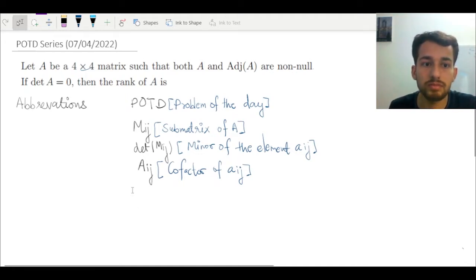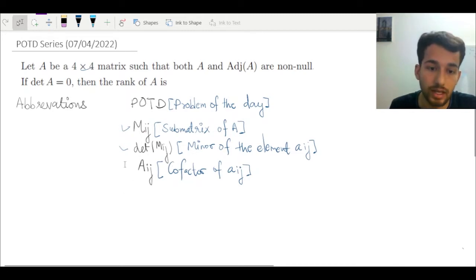So to solve the problem, I have used some abbreviations which should be clearly understood before moving ahead. Here Mij denotes a submatrix of A obtained by deleting the ith row and jth column. Determinant of Mij is basically the minor of the element Aij, which we obtain by deleting or hiding the ith row and jth column.